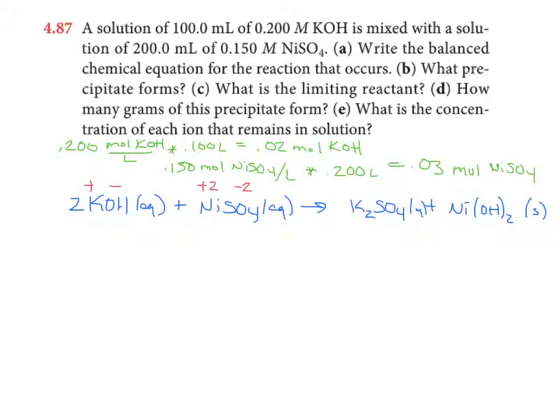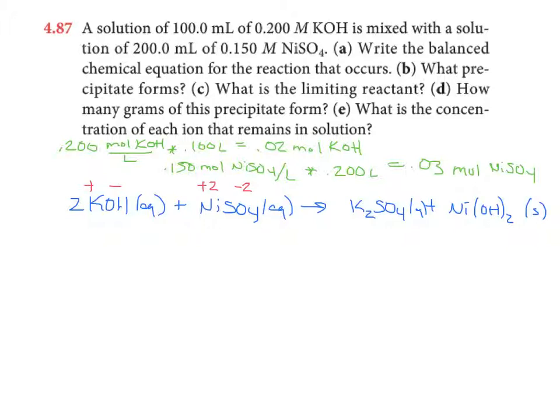Okay, so if I just multiply the concentrations by the volumes, and notice that I've changed my volumes into liters because concentration is in units of moles per liter, so I'm multiplying it in liters. So I see that I started with 0.02 moles of KOH, and I started with 0.03 moles of NiSO4.